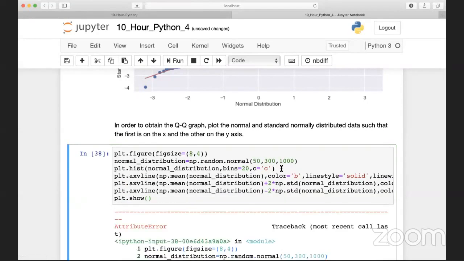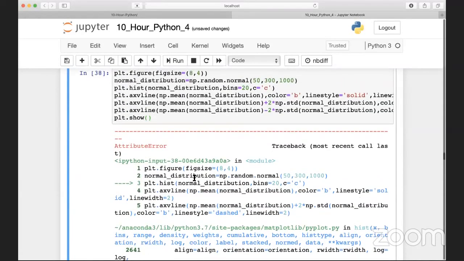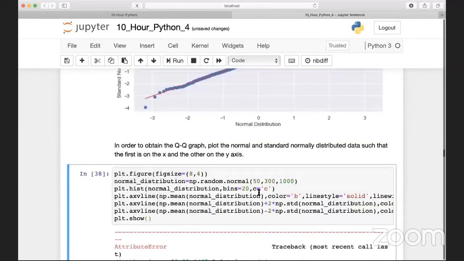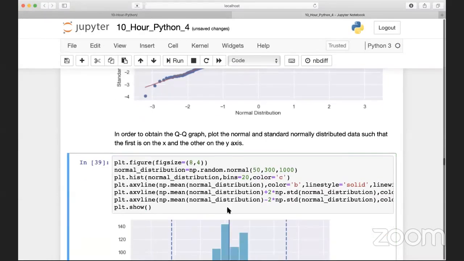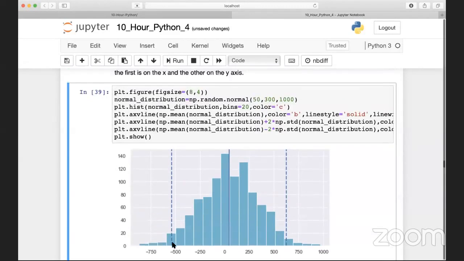Let's draw this. What's the problem is, let me see, color c is not declared here. Color. Okay. Here you see I have a solid vertical line right exactly from the mean, and I have the dashed lines on the left-hand side and right-hand side, which are located two standard deviations away from the mean.